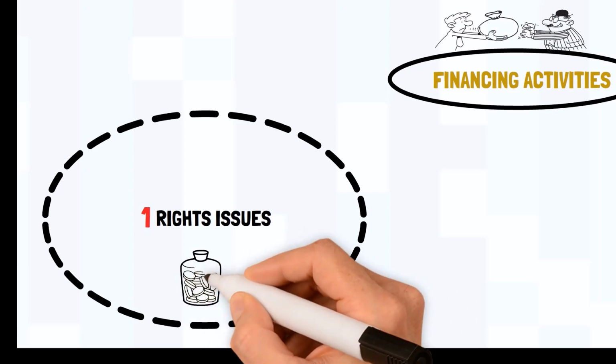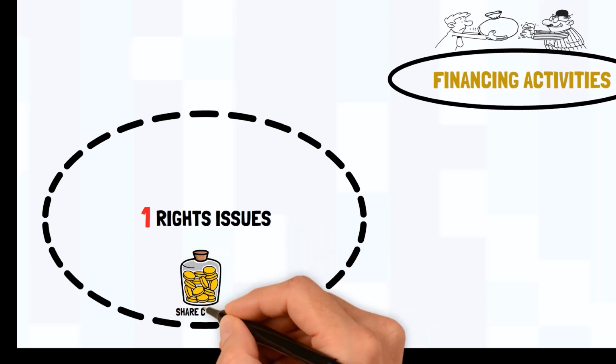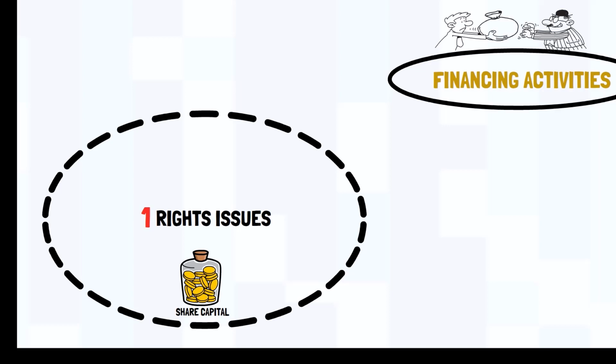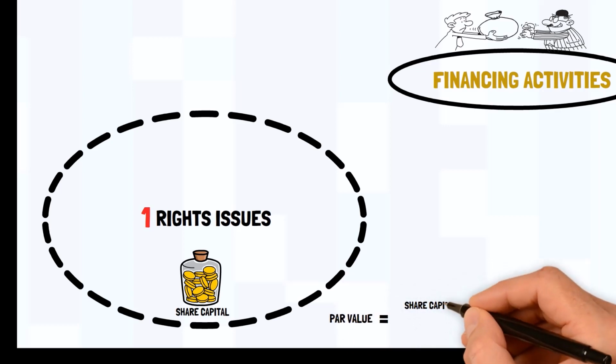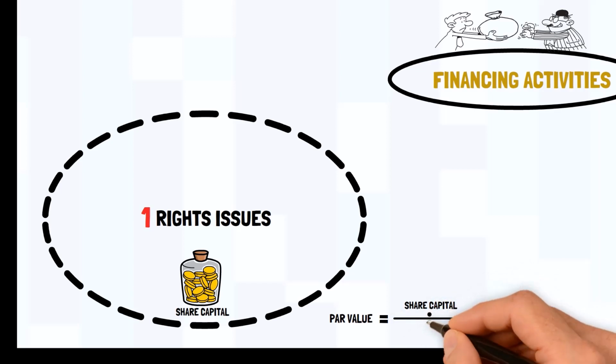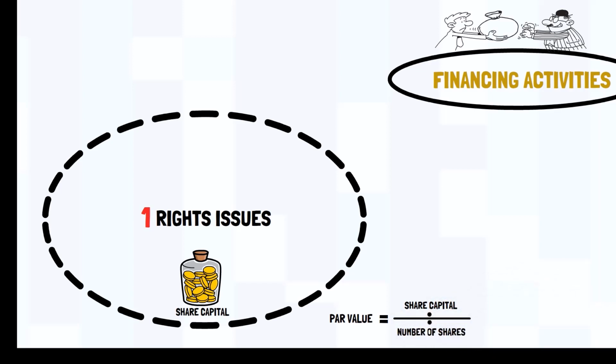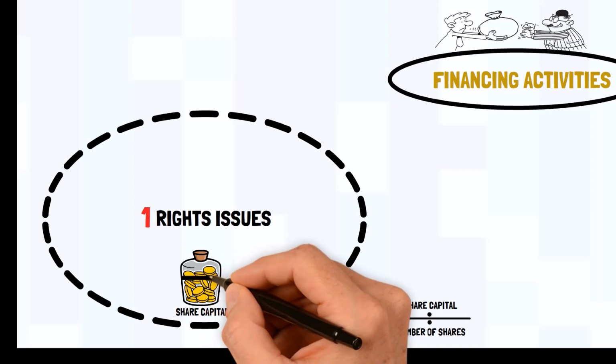This is done by adding the contribution of share capital. The capital is calculated by comparing the quota or par value, which is share capital, to the number of shares and multiplying by the number of new shares that the business issues or gives out.